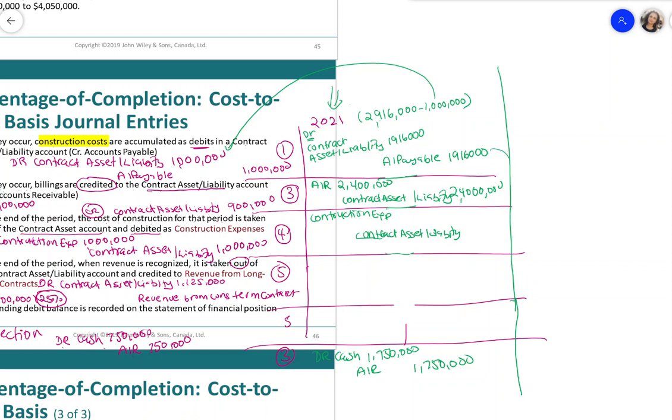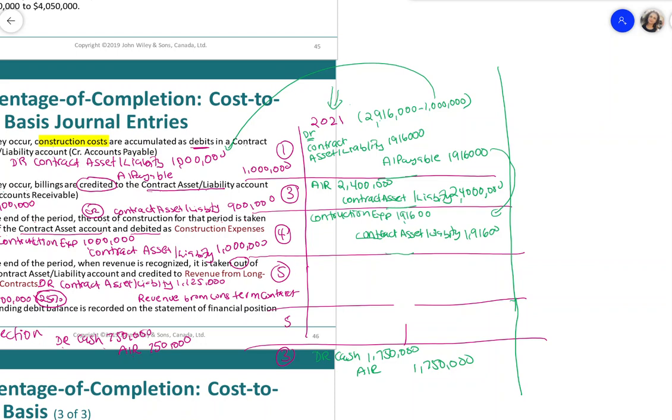So then that's what we could record for the year. So that will be 1,916,000. We can only record for that current year, because in this case we are doing the journal entry for the current year, so we are only allowed to record it for the current year.